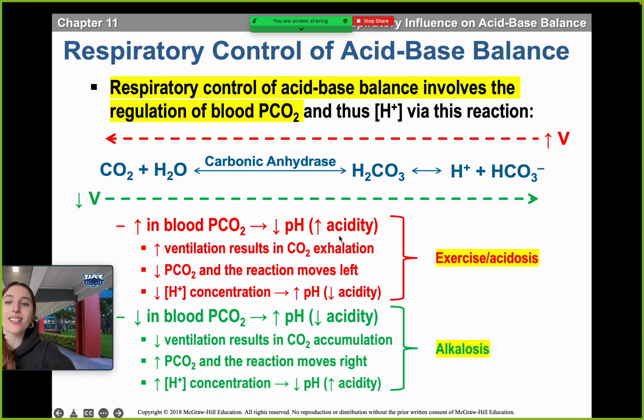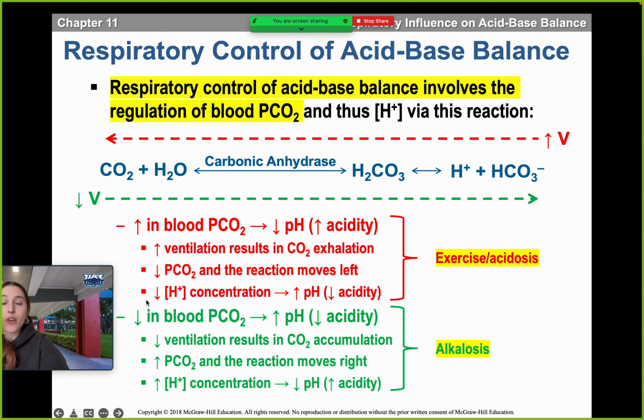We're increasing acidity. If we increase our ventilation, the reaction moves to the left and we decrease our carbon dioxide. We start blowing off carbon dioxide. If we blow off carbon dioxide, it will lower hydrogen concentrations and increase pH. Then that will help reverse that initial acidity.